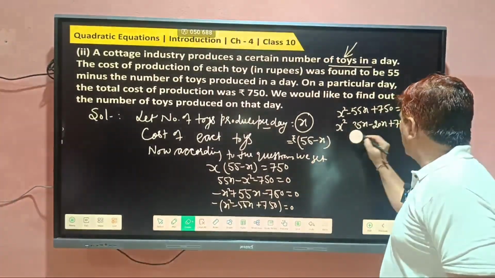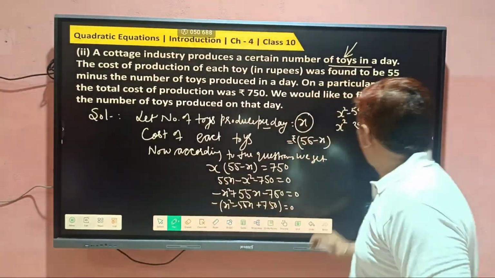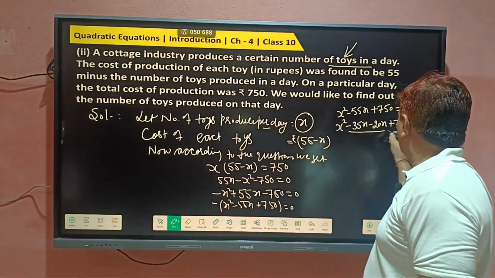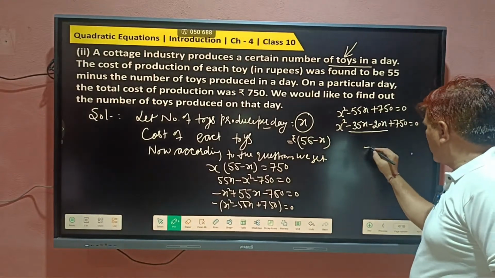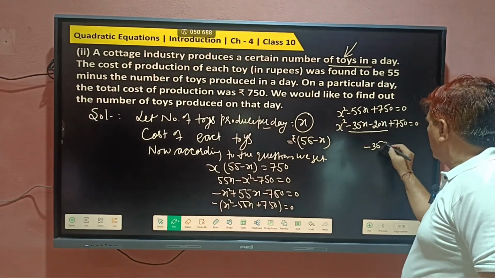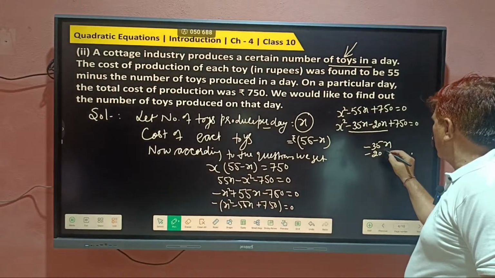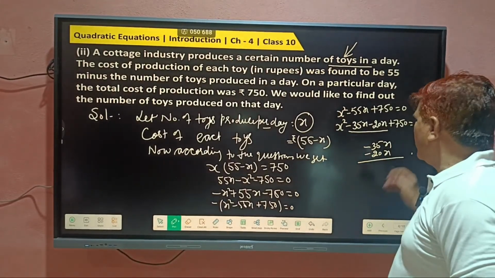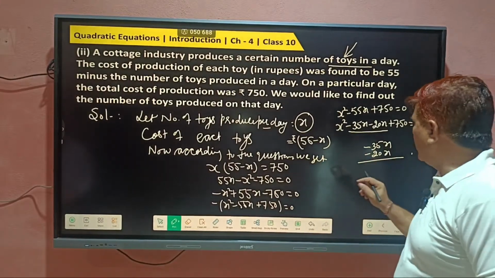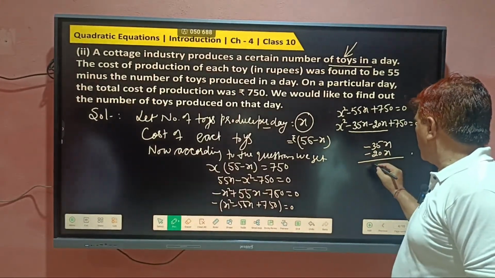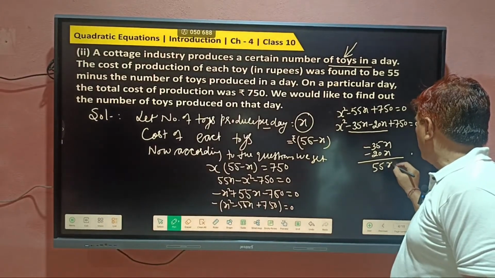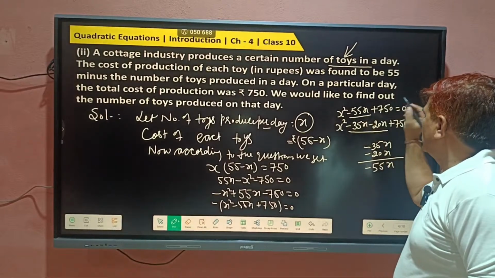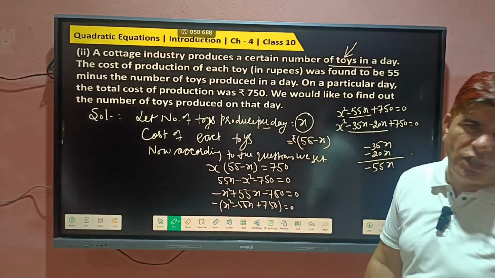So check it one time. Minus 35x minus 20x, both are like terms, so we can add them, both having the same sign. Add them and put that sign, so it becomes 55x minus. Did it become so? This is equal to this, it means we are right.